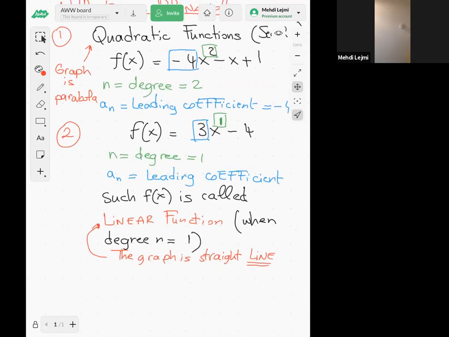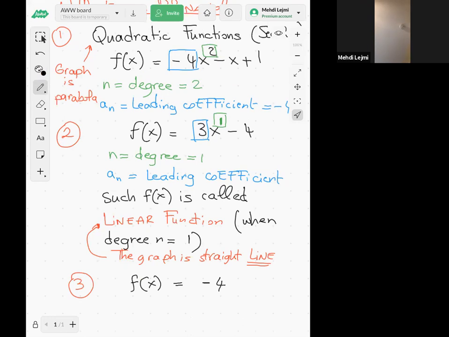Well, there's another very simple example of a polynomial, when the highest power of x is just 0. That would be my third well-known example. For example, if you have f of x equals, let's say, -4.